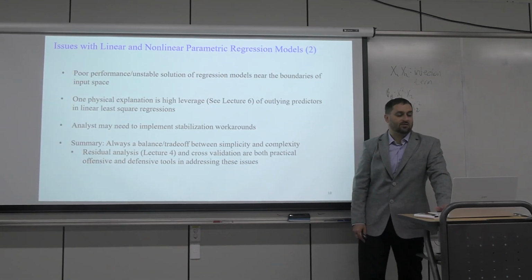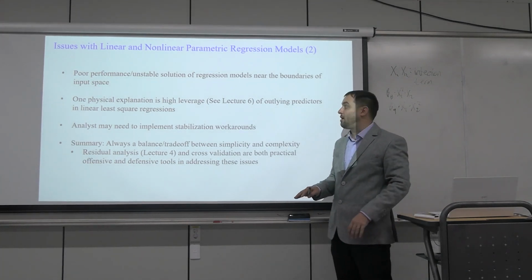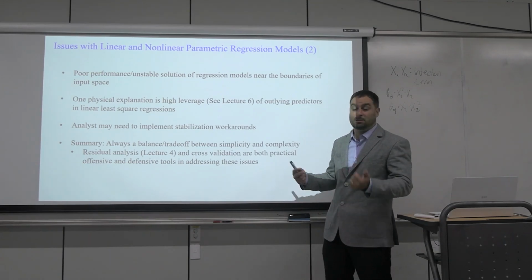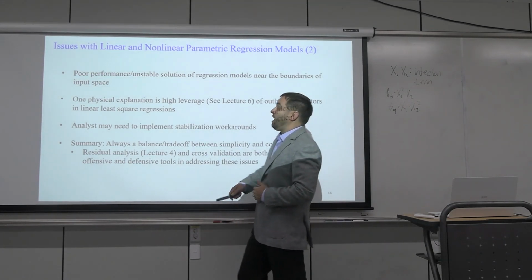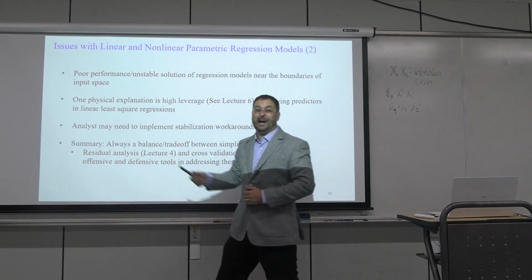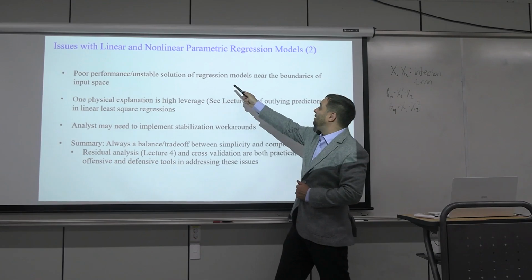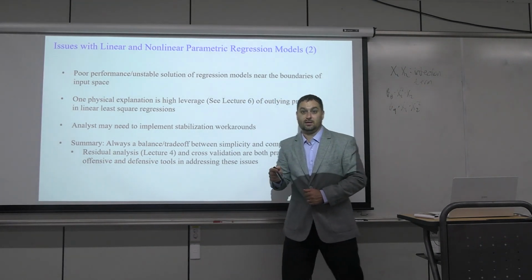Another general issue with both linear and nonlinear parametric regression, but also non-parametric regression and AI machine learning, is that most regressions will have poor performance or an unstable solution near the boundaries of the input space.